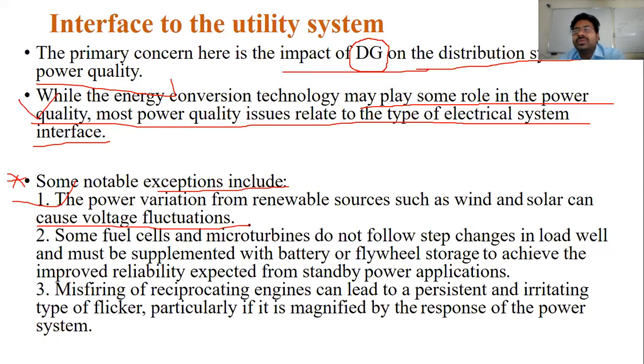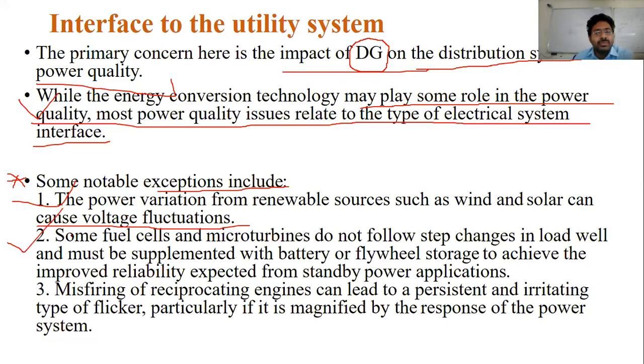Because of the rainy season and cloudy weather, the amount of solar energy produced reduces. So based on the climatic conditions, solar and wind plants will not give a constant amount of power to the system. There are some fluctuations in that. That is the first one.